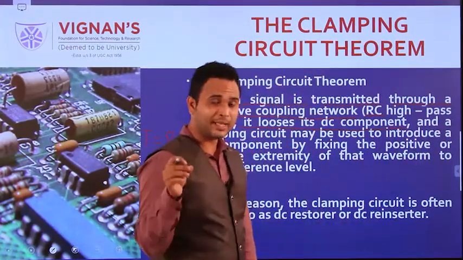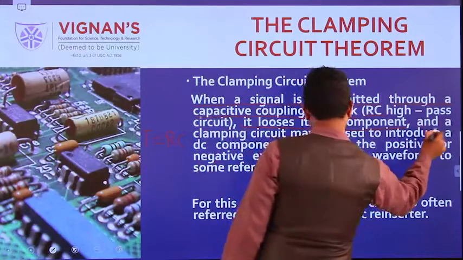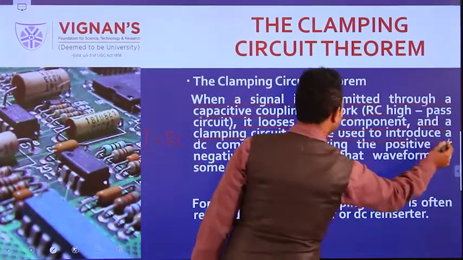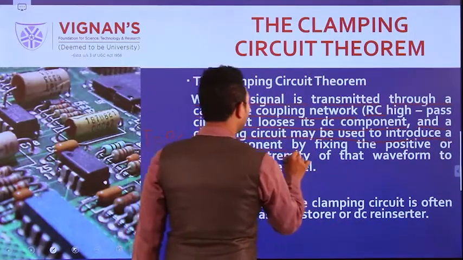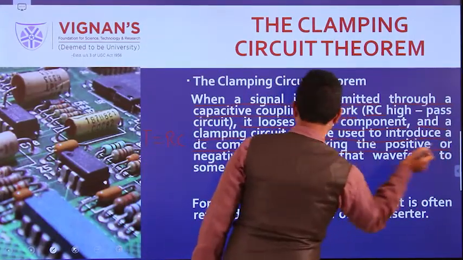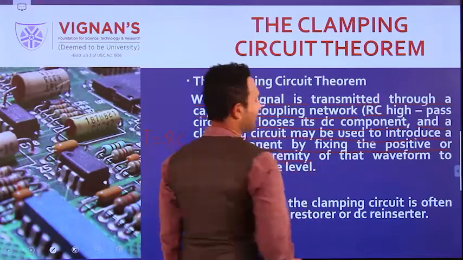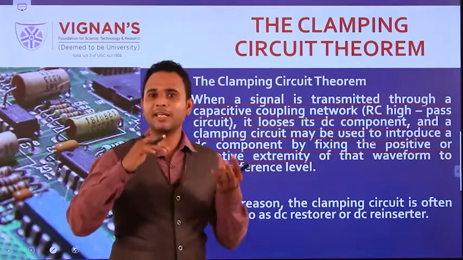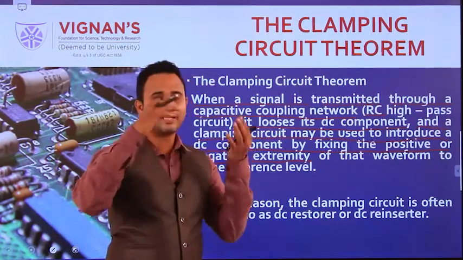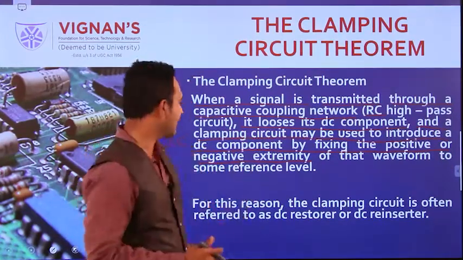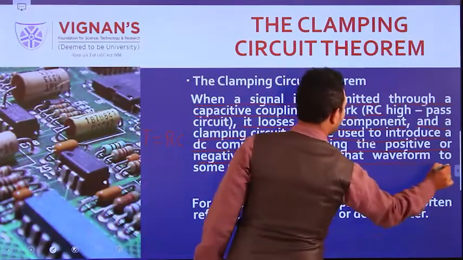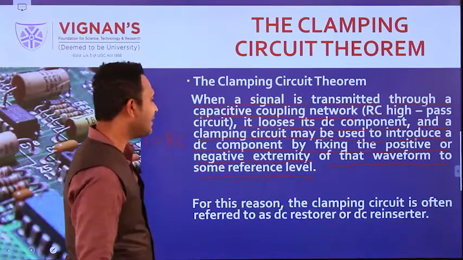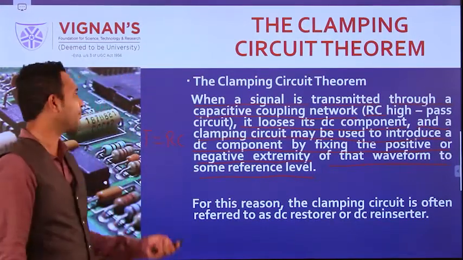A clamping circuit may be used to introduce a DC component by fixing the positive or negative extremity. Depending on the reference voltage, we can move that level either upward or downward to some different level. This is called the clamping circuit theorem.